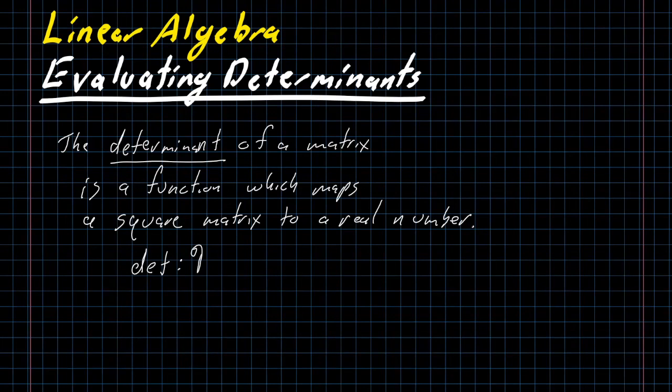The set of matrices in general is written using a script M with a subscript on the rows and columns. So in general, we're going to say from n by n matrices into the real numbers. Let's make that look like an R and not a D. There we go.